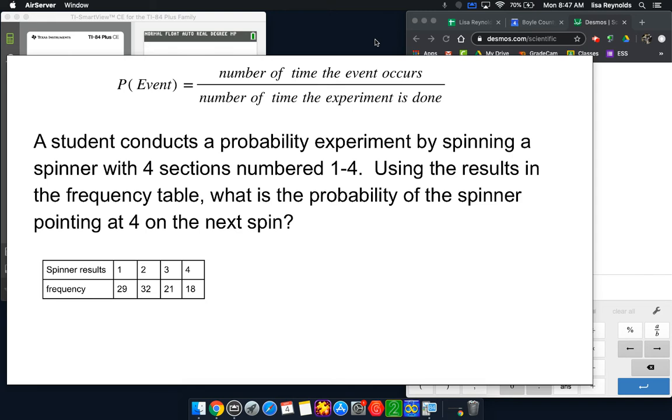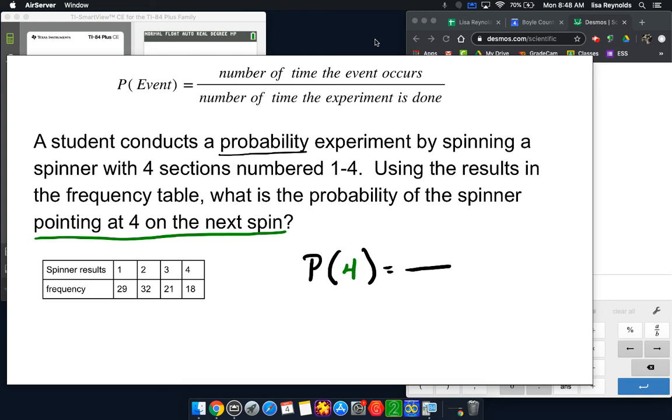So here's another one, but instead of asking for relative frequency, it asks for our probability. Once again, they've given us a frequency table. We have a spinner, we have the results of 1, 2, 3, and 4, and we have our frequency. So we're looking for the probability of getting a 4 on the next spin. So we want the probability of a 4. Our probability, we need two things.